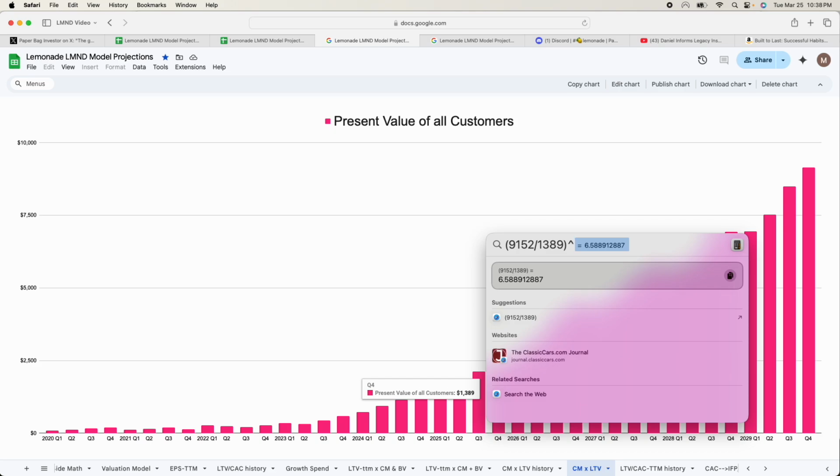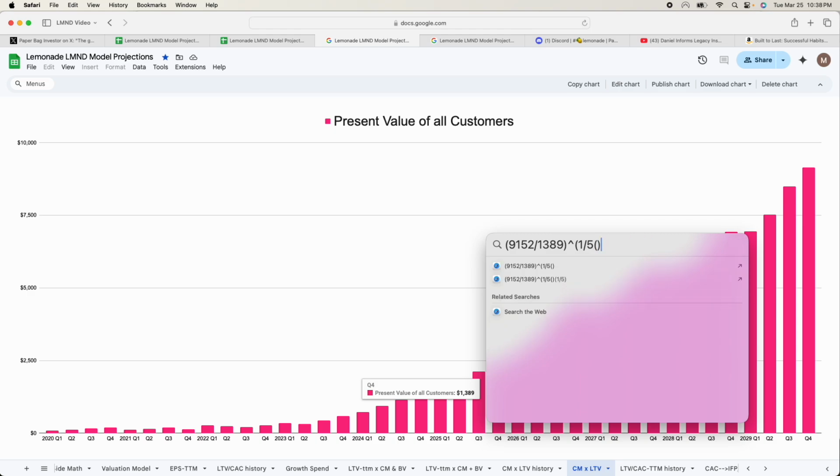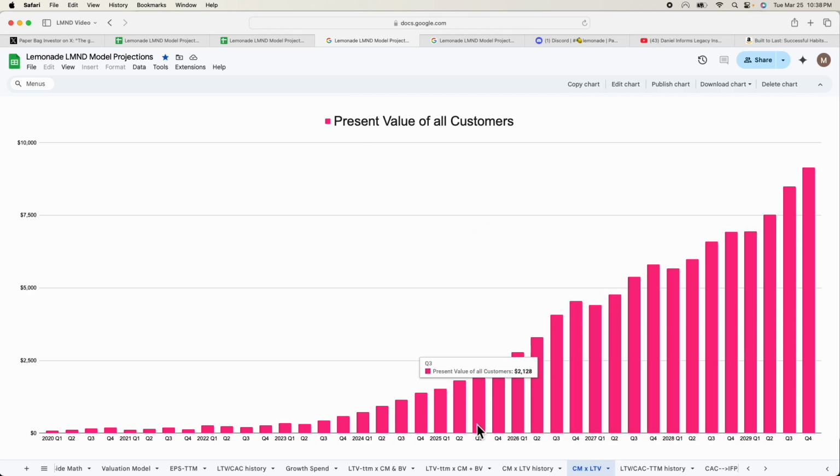And let's say that's over a 5-year span. Okay, so 46% compound annual growth in this collective present value of all customers for Lemonade. 45% a year growth over the next 5 years, what we can expect as your LTV gets significantly better and as your customer count continues to grow.